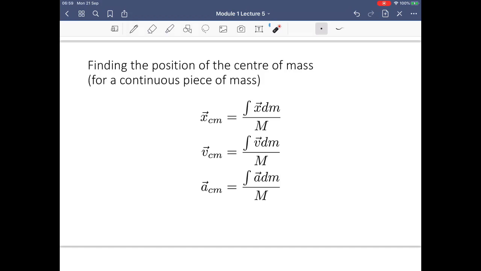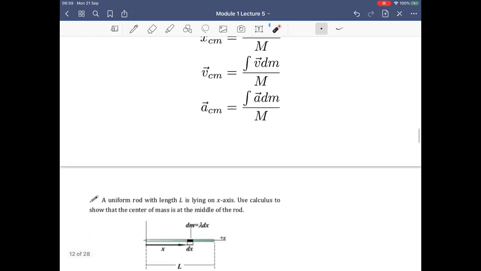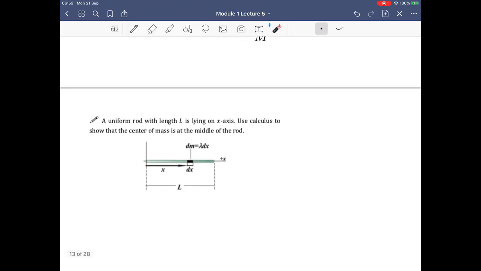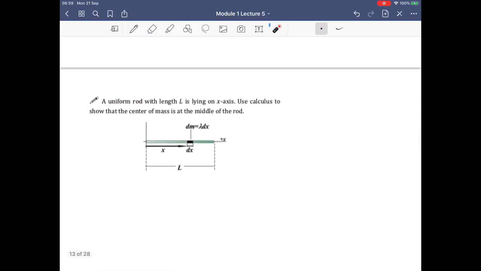When I say continuous piece of mass, what I mean is this. For example, if you have a uniform rod with length L lying on the x-axis, this rod is composed of a lot of mass, but it is not discrete pieces of mass, it is a continuous piece of mass.